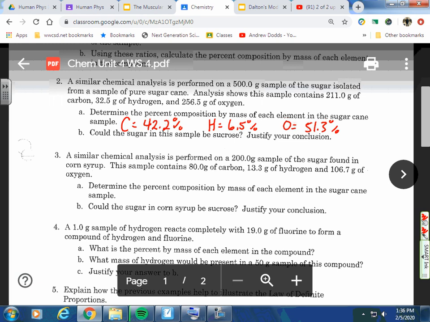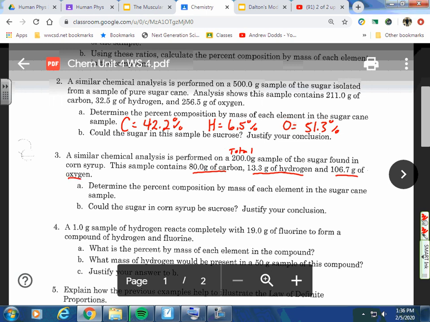Whenever we do percentages, we first of all want to figure out what is the total. 200 grams. And we say that it's got 80 grams of carbon, 13.3 grams of hydrogen, and 106.7 grams of oxygen.